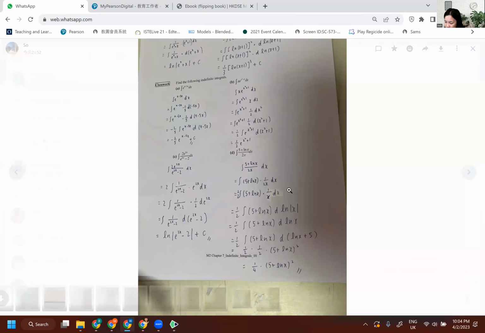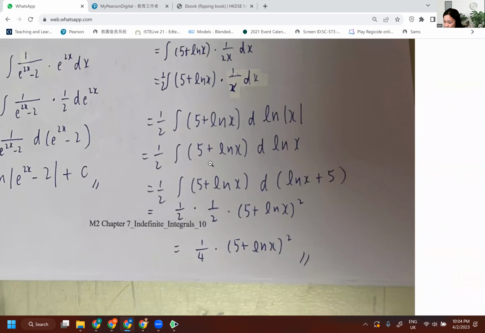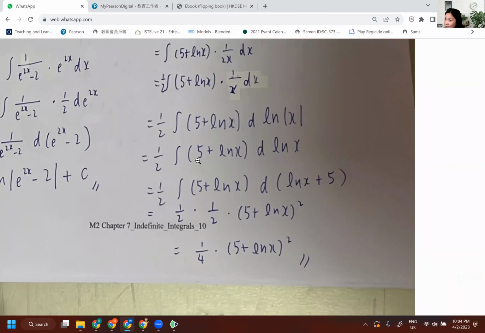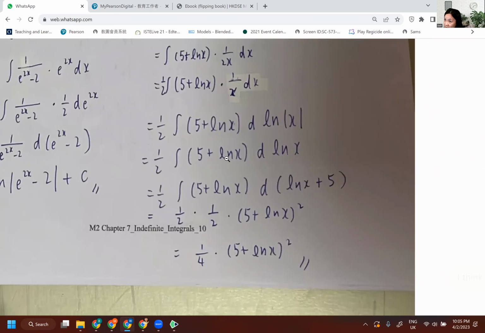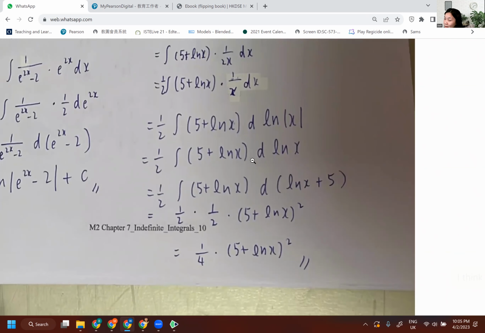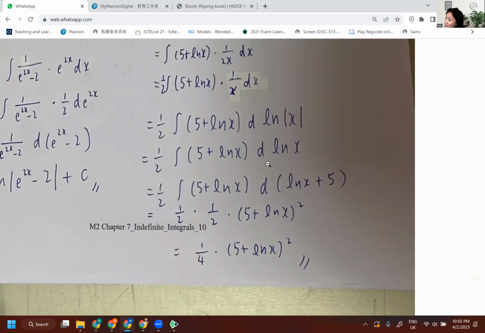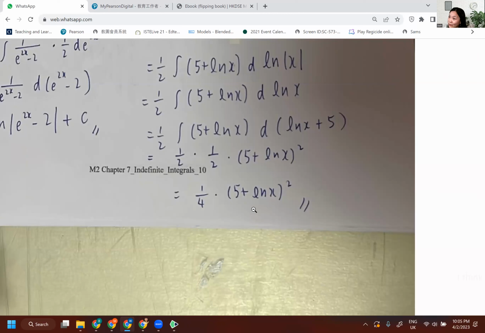Now, Sophie, in this step you have 5 plus log x d log x. If you choose to separate 5 and log x and do the integration separately, you will get the same answer as Sophia. But you didn't. Instead you got this answer, and Sophia got another answer, and your answers are equivalent. Both are correct. Is that fine?